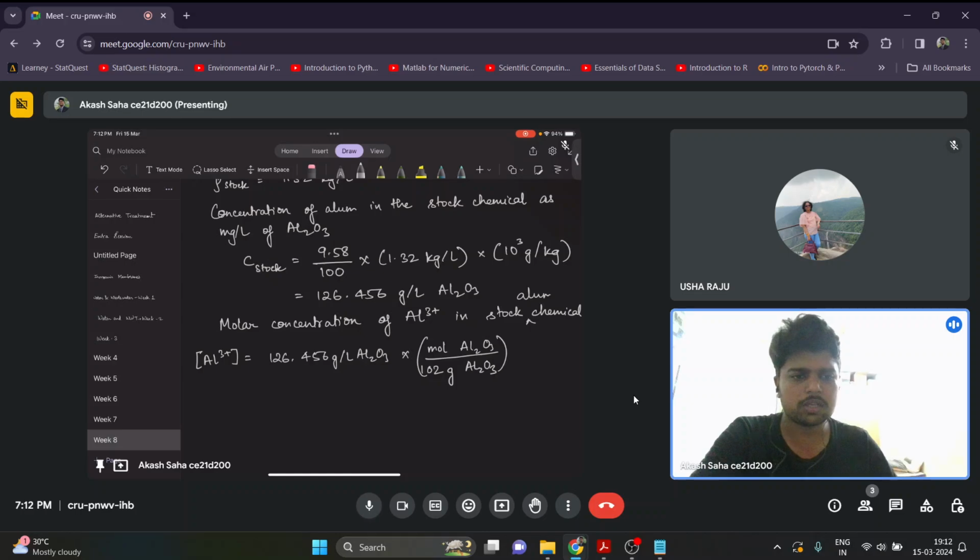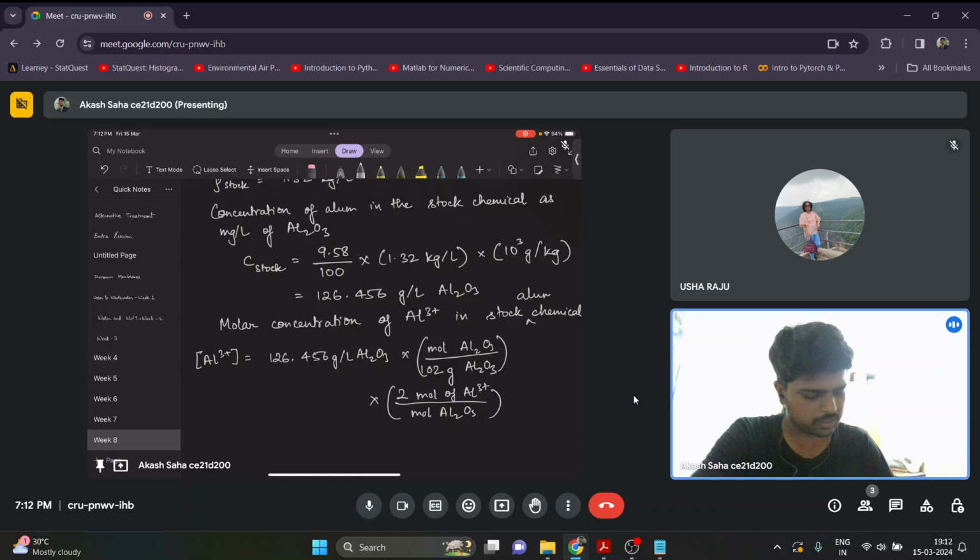Now per mole of Al2O3 we have 2 moles of Al3+. So it is nothing but 126.456 divided by 102 into 2.